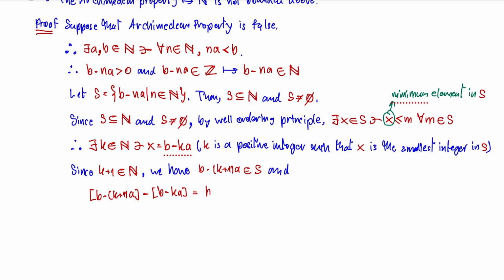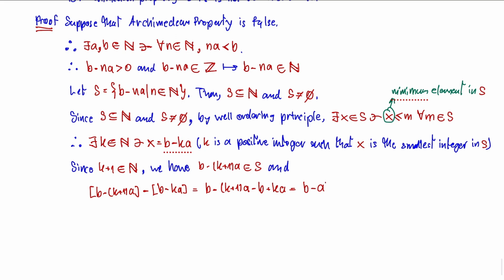We have b minus (k plus 1) times a minus b plus ka. Distributing minus a into this bracket, we have b minus ka minus a minus b plus ka. This cancels, so we have minus a.